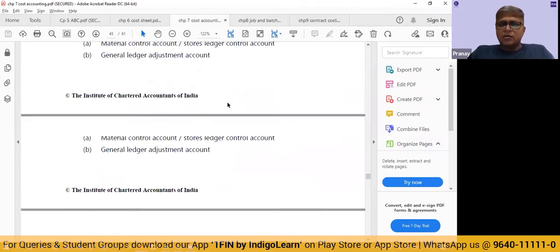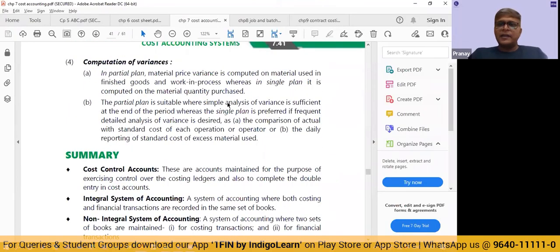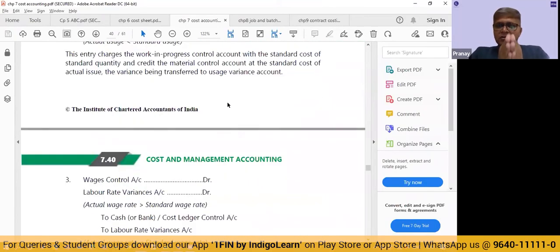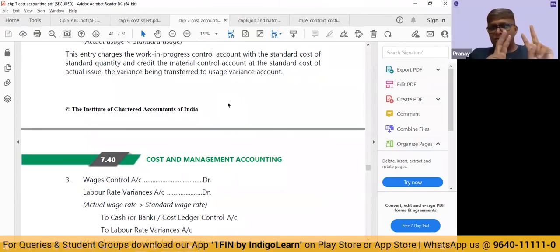Now, along with this, when we are doing integral, non-integral, if we are maintaining integral cost accounts, that means we have only one set of accounts. Once there is only one set of accounts, there is no need for us to do reconciliation. But if we are maintaining two sets of accounts, one under accounts and finance, one under costing, there might be cases where the profits are different for both of them.